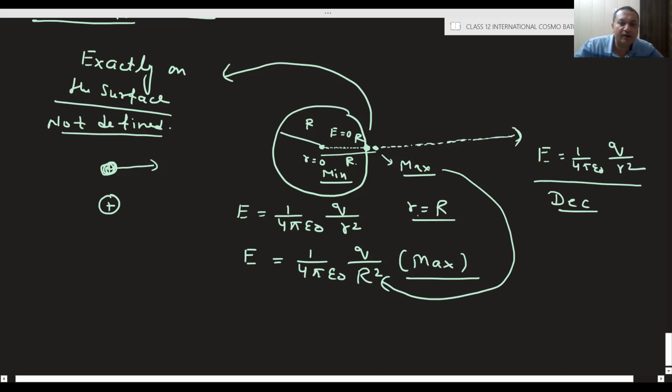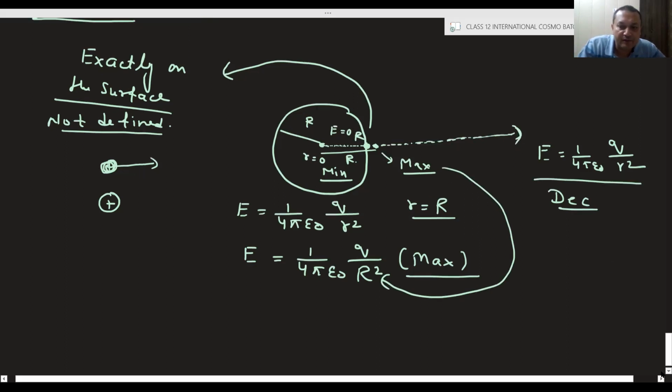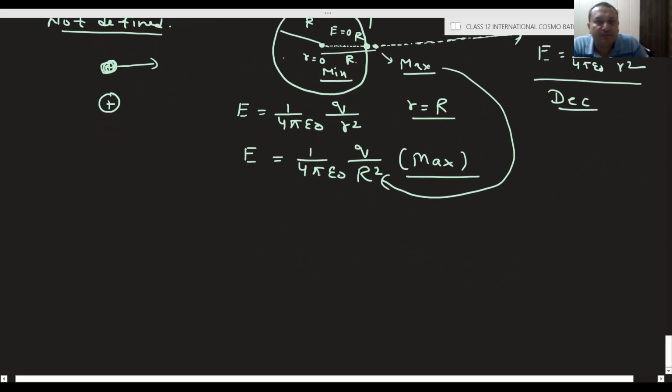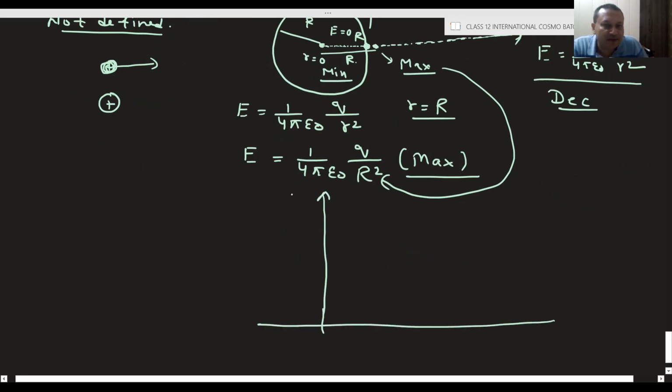If you draw a graph of it, the graph will be like this. This is the y-axis, this is the x-axis.